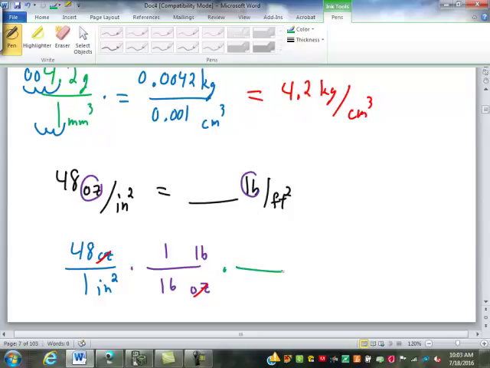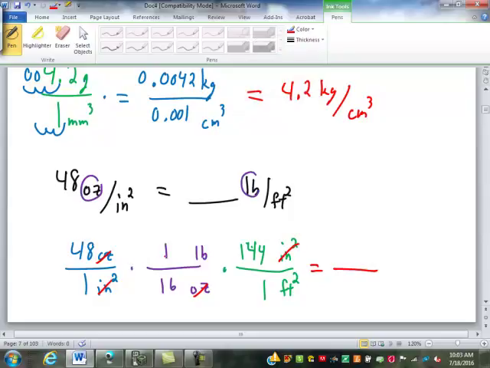Now we're going to get rid of square inches. Where's it going to go? Square inches will have to go on top. So on bottom will be square feet. You got it. So 1 square foot is 144 square inches. So the square inches are gone.